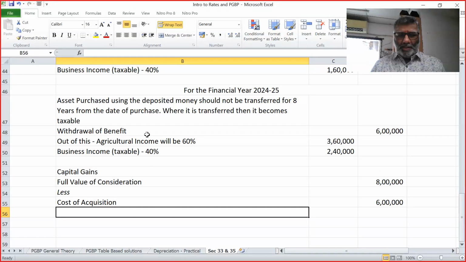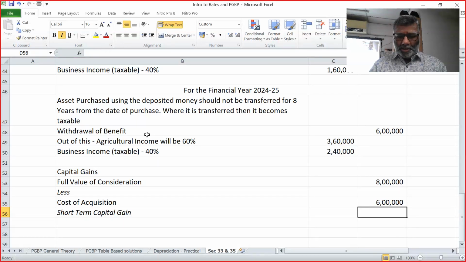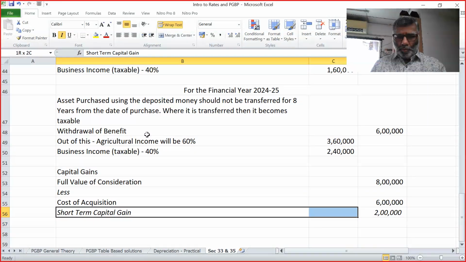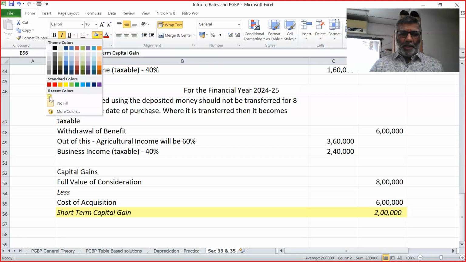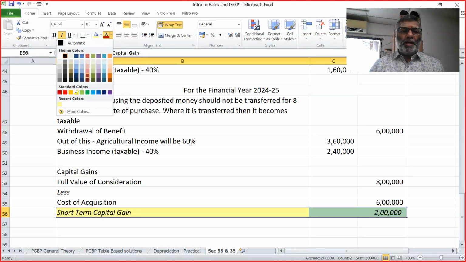This will be short term capital gain of 2 lakhs.